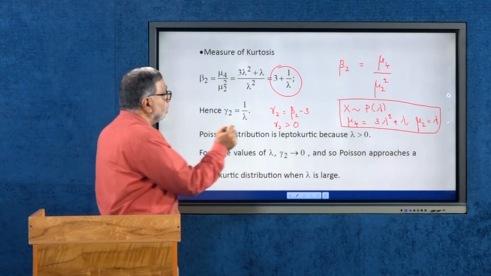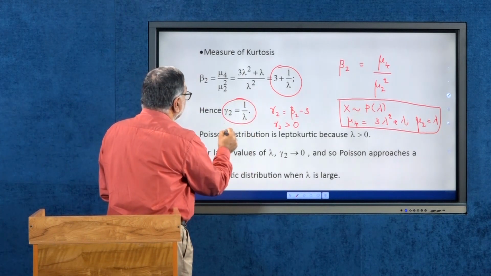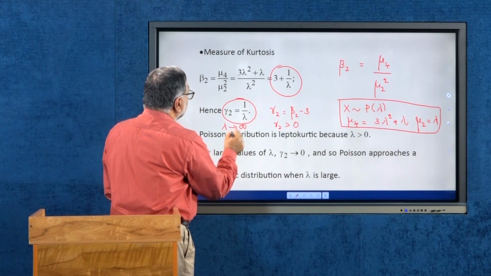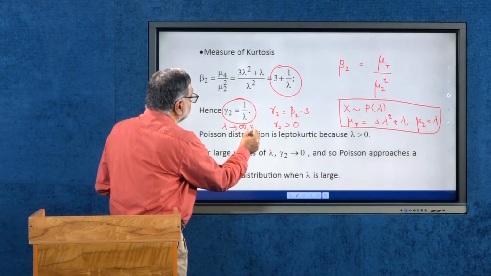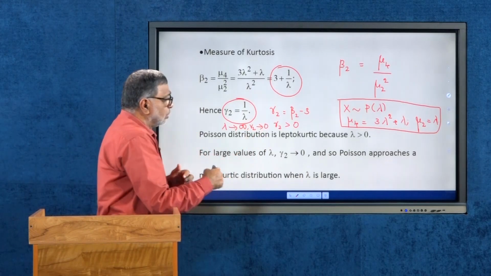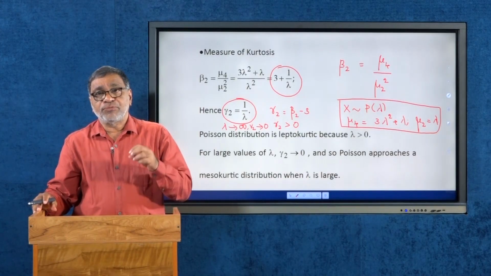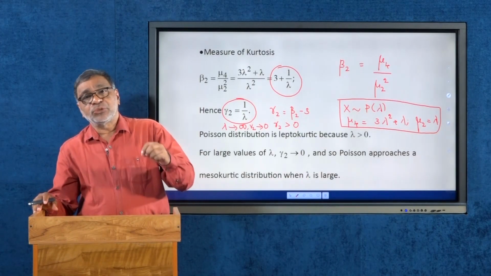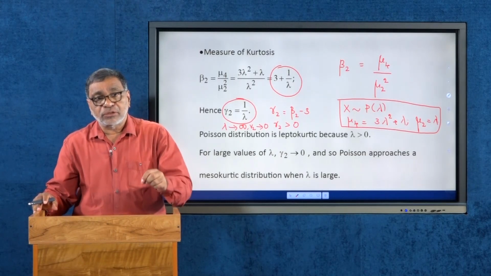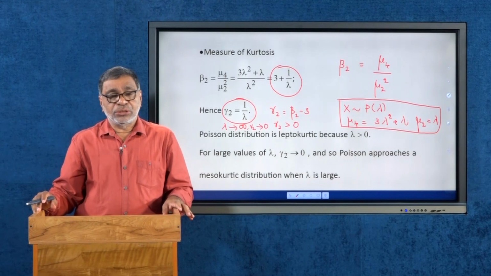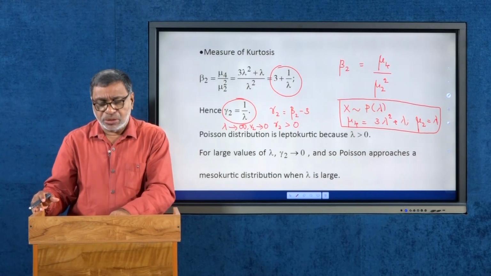So, when lambda is a very large value for a Poisson distribution, if the parameter is large, gamma 2 is approximately 0, that means it exhibits the character of a mesokurtic distribution. That means something similar to a normal distribution.